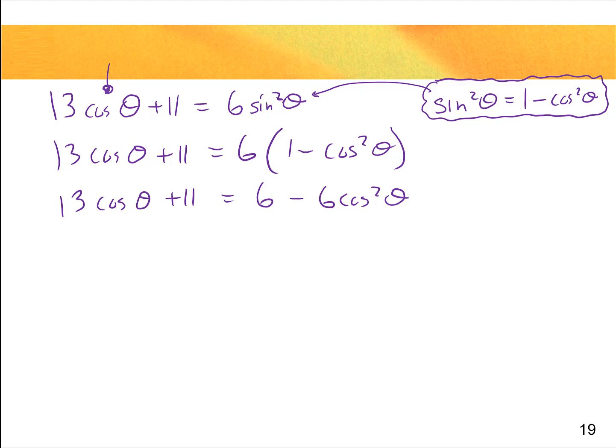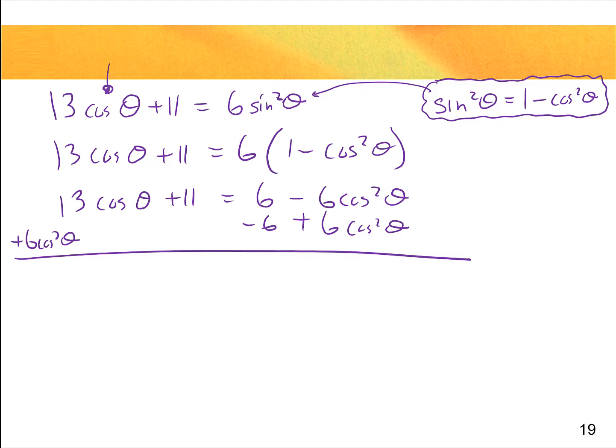Let's move this guy over here to the left side. Let's subtract 6. So that's gone. So on the left now I have 6 cosine squared theta plus 13 cosine theta plus 5 equals 0.